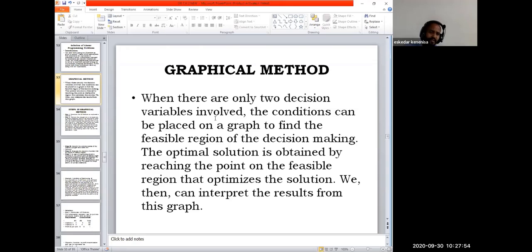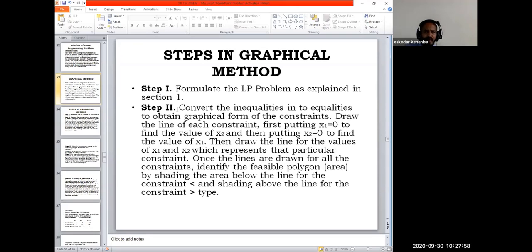For example, the steps of the graphic method: formulate the LP problem as explained in section 1, then convert the inequality into equality to obtain the graphic form of the constraint.